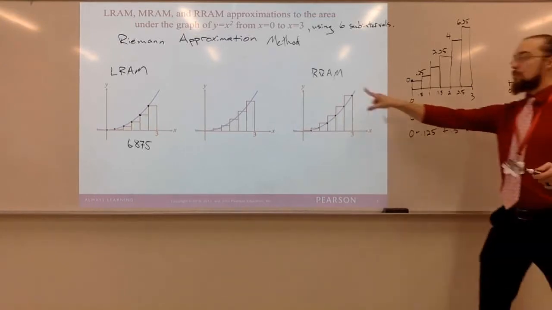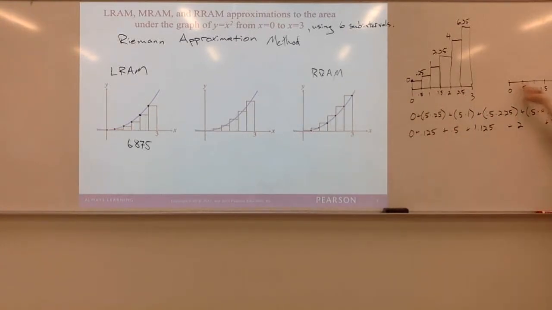But this time, using the right Riemann approximation method, the height of this first rectangle is determined by the y value of the right endpoint. So the height of the first rectangle will be 0.5 squared, which is 0.25. The second will be 1 squared, which is 1. The third, 1.5 squared. The next, 2 squared. This one, 2.5 squared. And the height of my final one is 3 squared, which is 9.